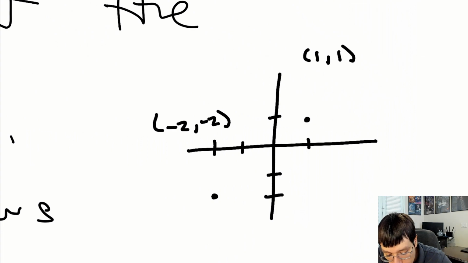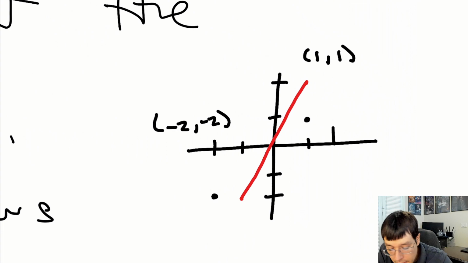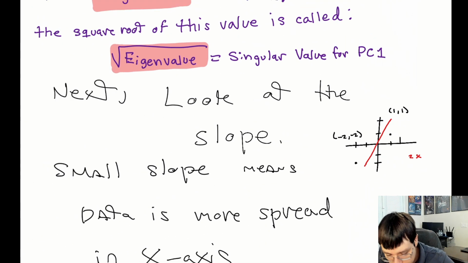So suppose that you start out by making your first guess and it happens to be this line, okay? This line has a slope of basically 2x, right? And of course the ideal line is 1x, but let's just say it's 2x. All right, so let's compute the sum of square distances for this simple example, okay?